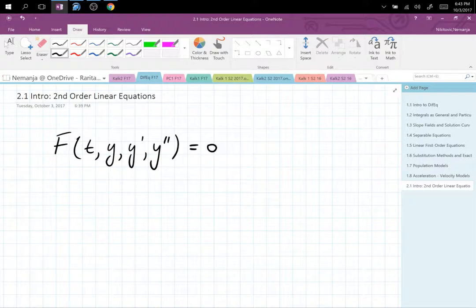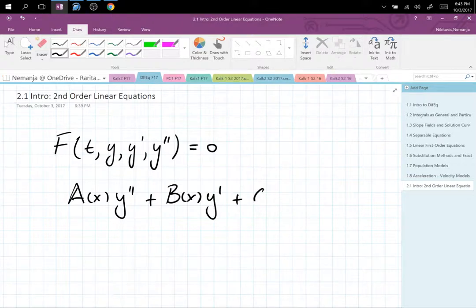The most general case is some function a of x times y double prime plus some other function b of x times y prime plus c of x times y equal to some forcing term on the other side.